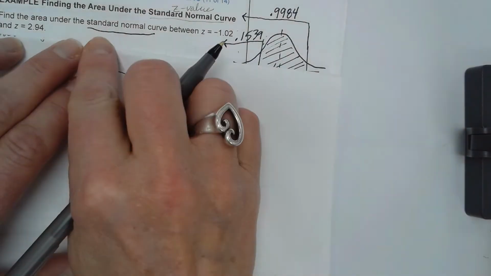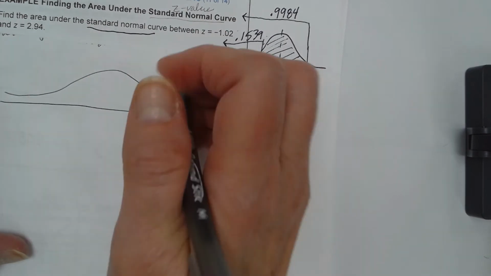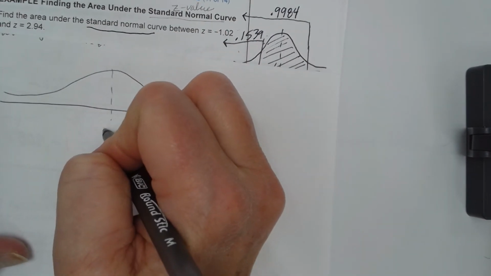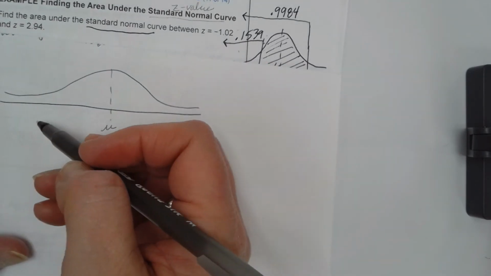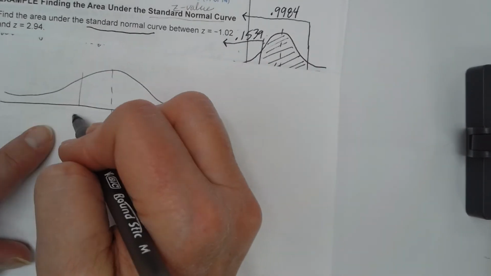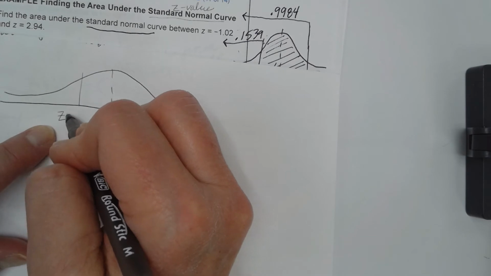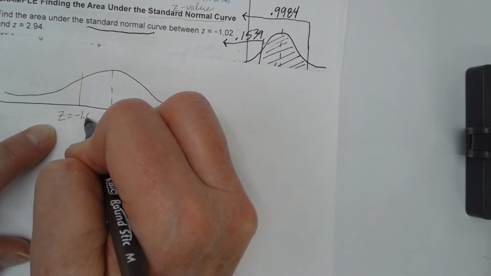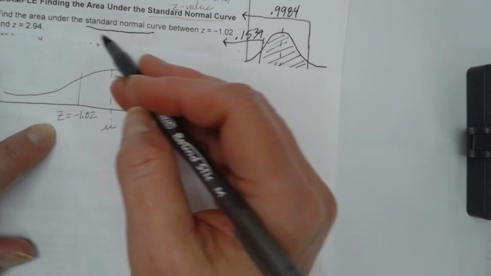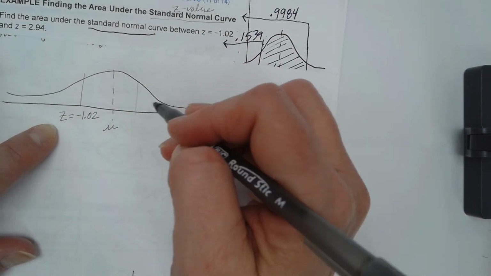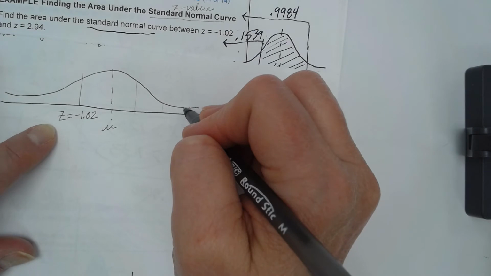Then put in the z values. So first put in the mean always. Then the z of negative 1.02 is going to be to the left, about 1 standard deviation. Then z equals 2.94, that's almost 3 standard deviations. So 1, 2, 3, almost 3.